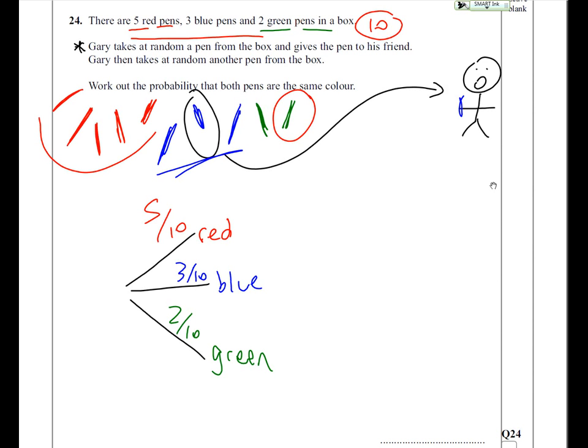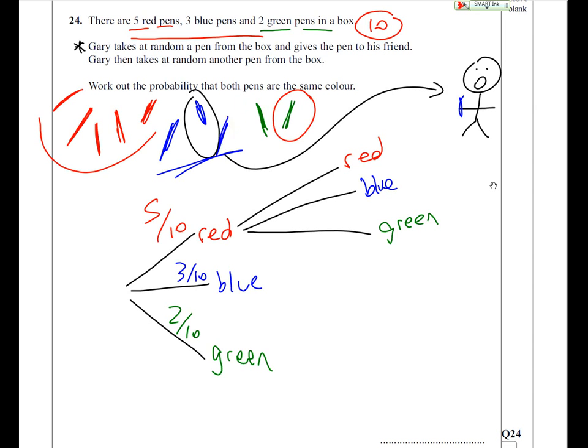Then the situation changes. Let's say that he picks out a red at first. Yes, he can still get a red, a blue, or a green. However, the probabilities are going to have changed because he has changed the situation. Well, actually, in the first case, he's chosen a red pen, if we've gone along here on our tree diagram.